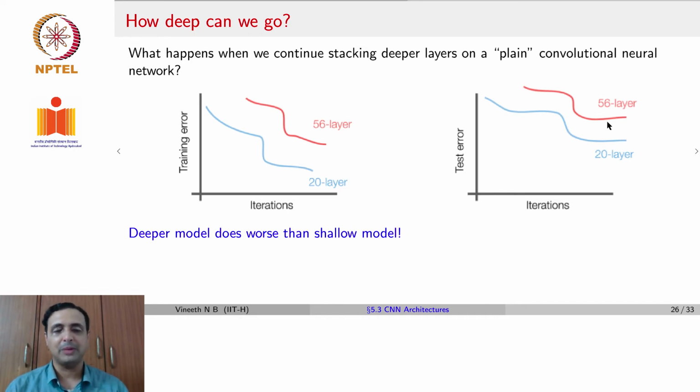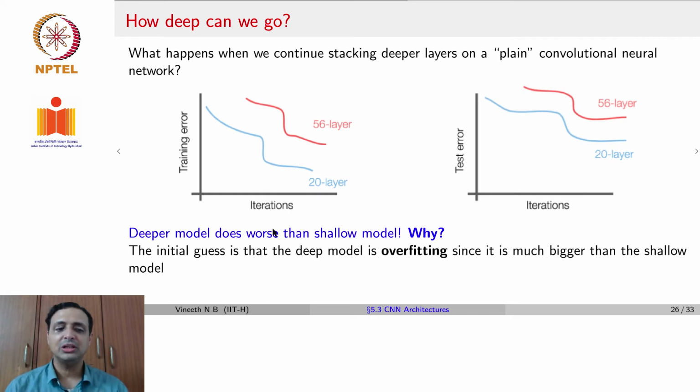Why would this be happening? A deeper model performs worse than a shallow model. This was a little counterintuitive to how research was progressing with CNNs at that time. One plausible explanation is that the initial guess could be that the deep model is perhaps overfitting, and that's why the test error increases for a 56-layer neural network.